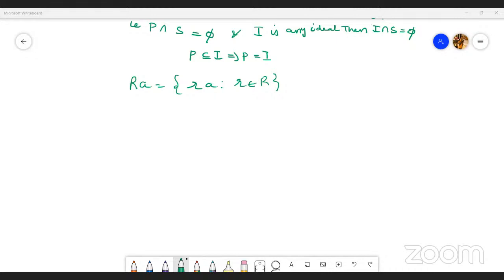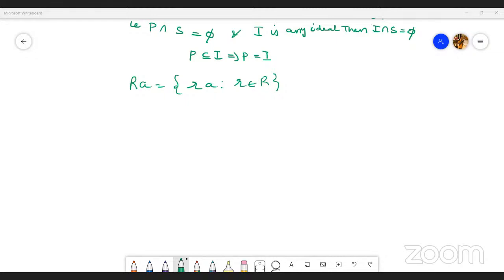This is what you mean by a chain, and the union of sets C1, C2, up to Cn is also a chain in P. So whenever it is a chain in P, it is also a chain in S. So S is the class of all chains between the ideals P and Q. Like this: P, Q, where P is a subset of C1, a subset of C2, a subset of C3, and so on.